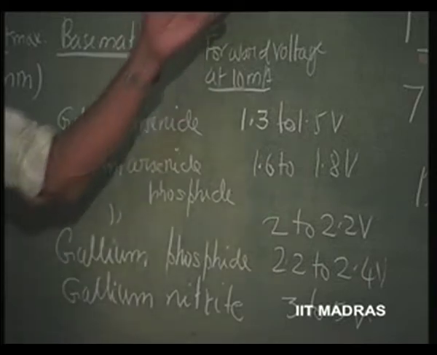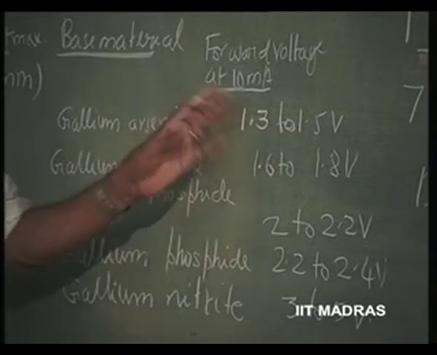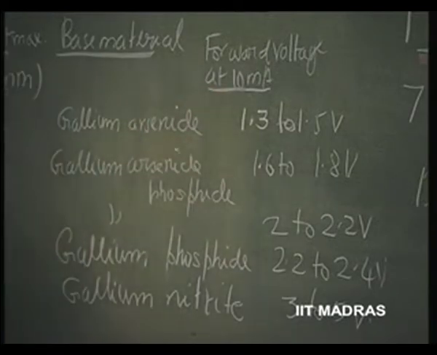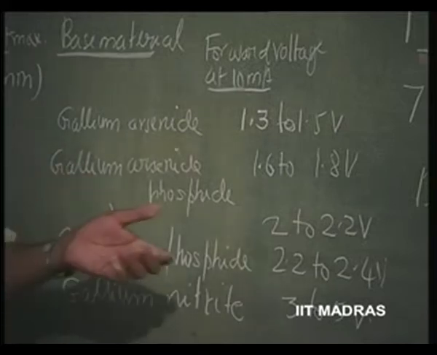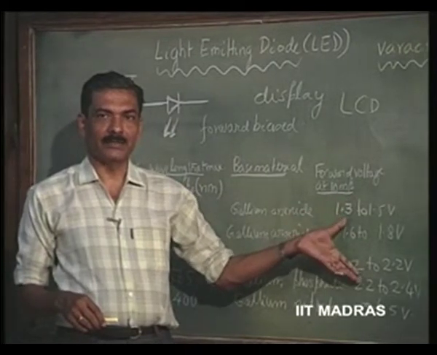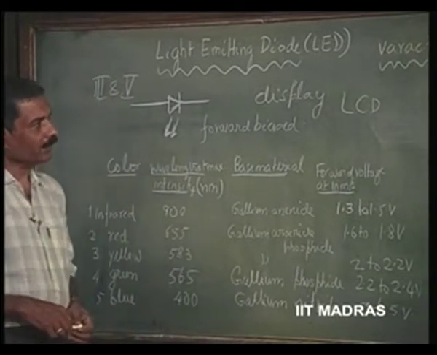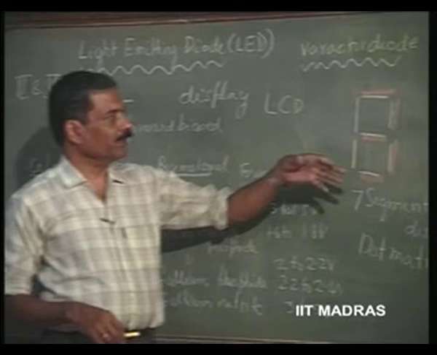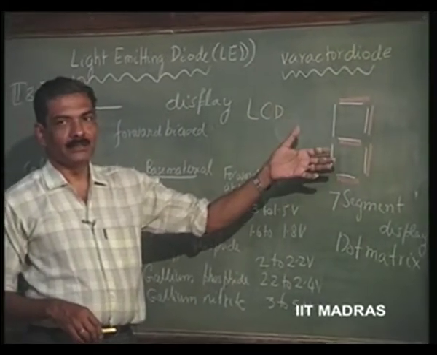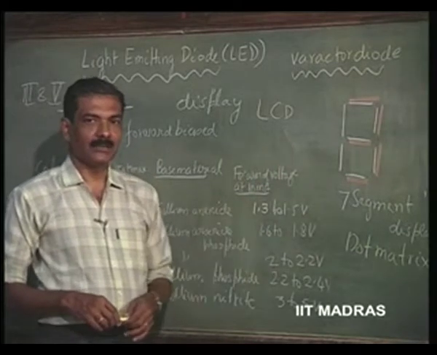Even though before the advent of LCDs these were being used for displays, with the advent of LCDs, these have gone out of use for most of the cheap displays like wristwatch display, etc. We cannot afford to waste current and power of this order of magnitude. However, for large displays and things like that, you do not mind wasting some amount of power on this display, these displays are still being used.